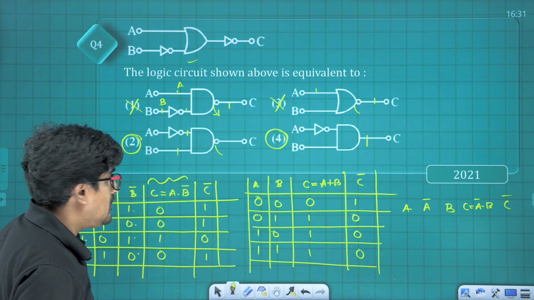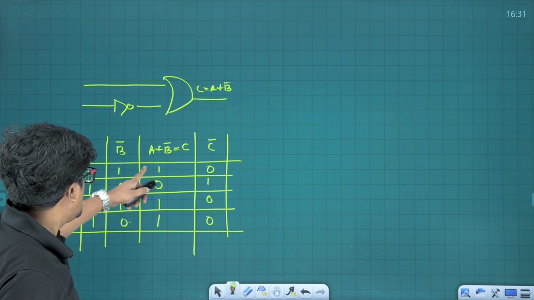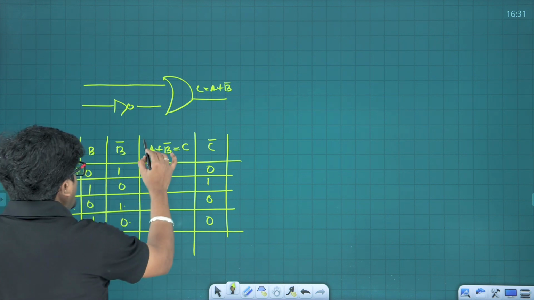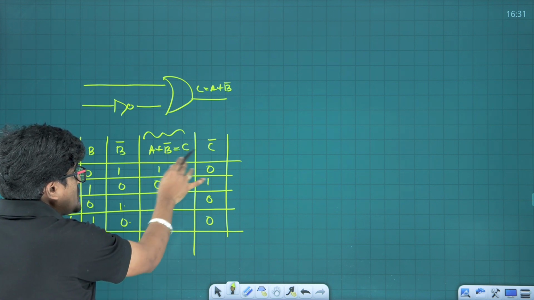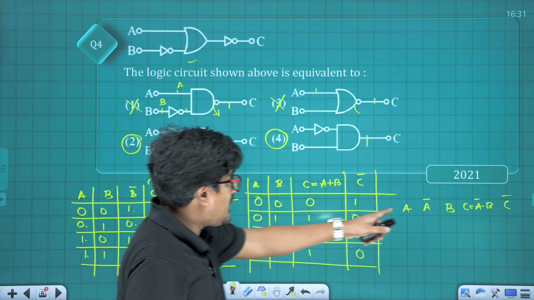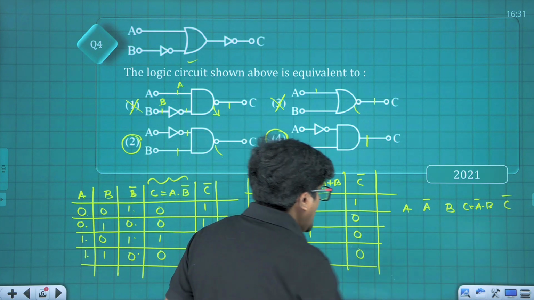Are you getting me? Now, have you checked this? As per the question, our final option was A plus B bar equal to C, and here it is coming as C bar. Now here what we are getting is A bar dot B plus C.